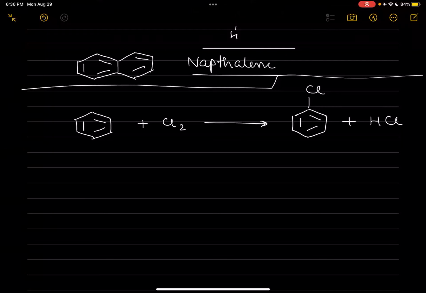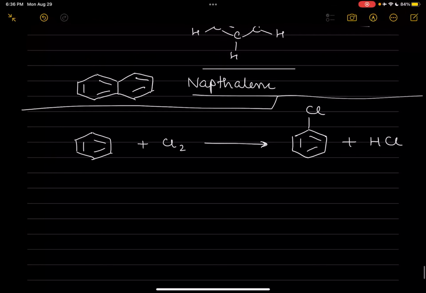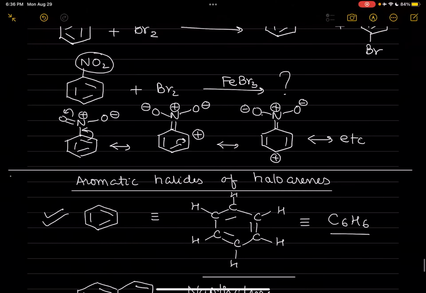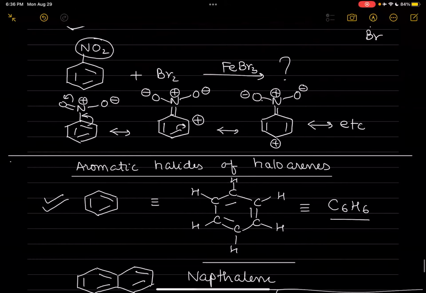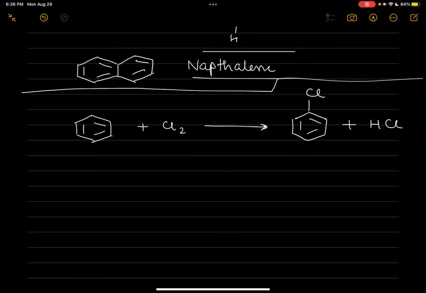No. Sunlight we actually use in alkanes, normal aliphatic groups, like methane, ethane. And suppose if you take sunlight, what will happen? All the bonds of the benzene will break and the reaction will not go in the way in which we want.